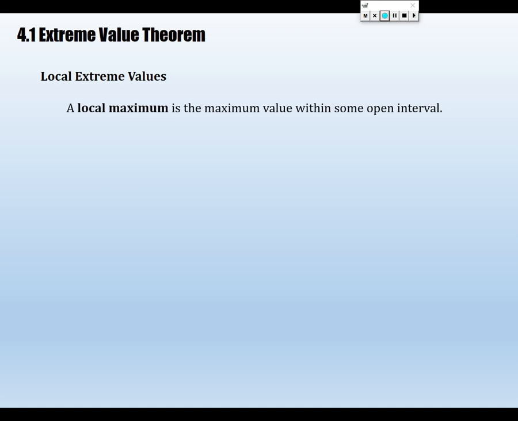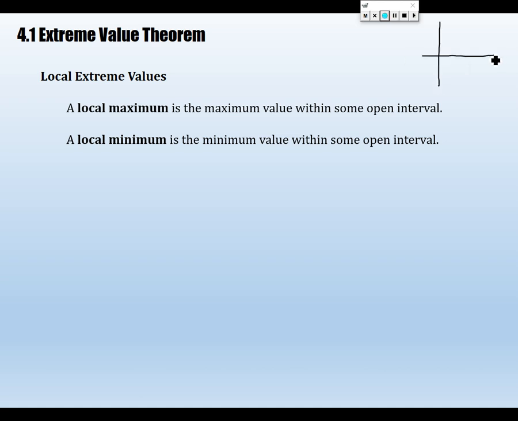Of course, you've heard this term from your pre-calculus experience as well: a local maximum or a local minimum is the maximum on some open interval. I think you've done this kind of before. So what makes this point right here a local minimum? It's clearly, the way I've drawn this picture, not the global minimum.